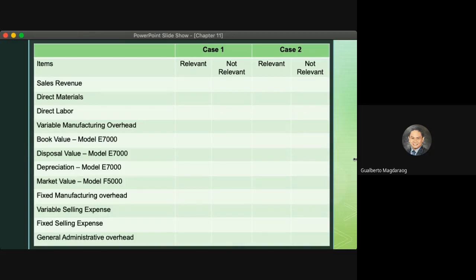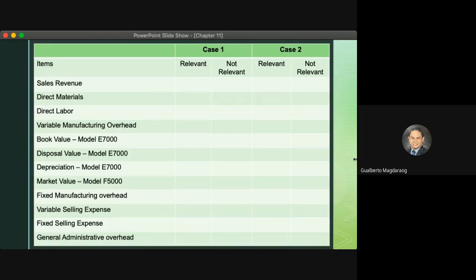Sige, let's try. Sa case 1, let me just read case 1 for a while. The company chronically runs at capacity and the old model E7000 machine is the company's constraint. Management is considering the purchase of a new model F5000 machine to use in addition to the company's present model E7000 machine.